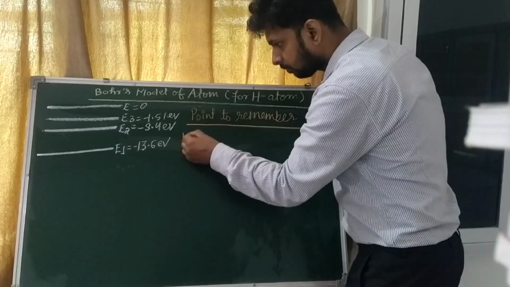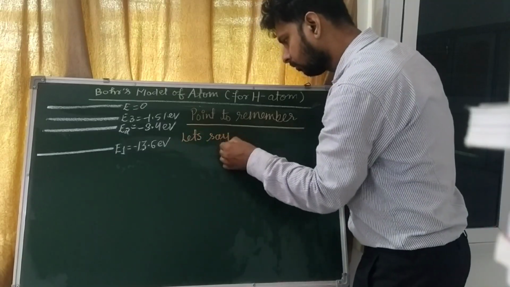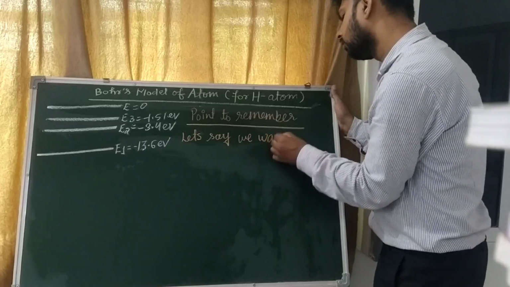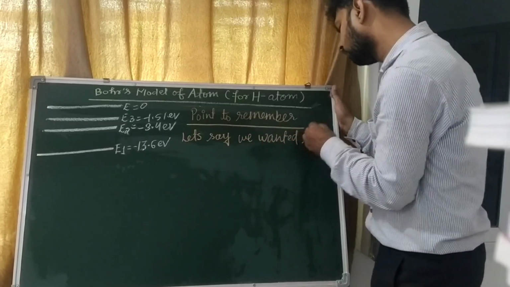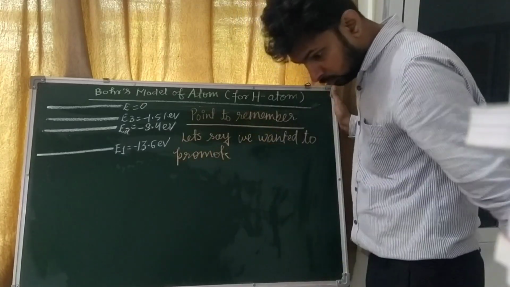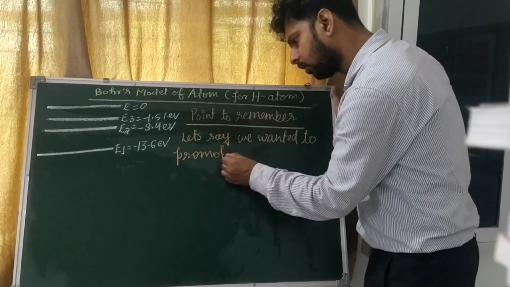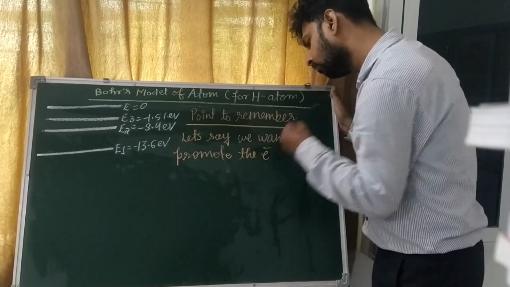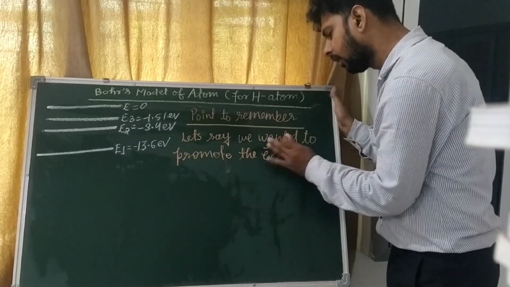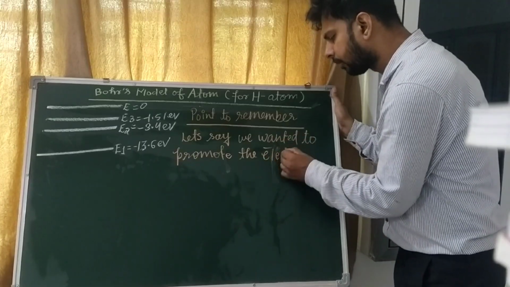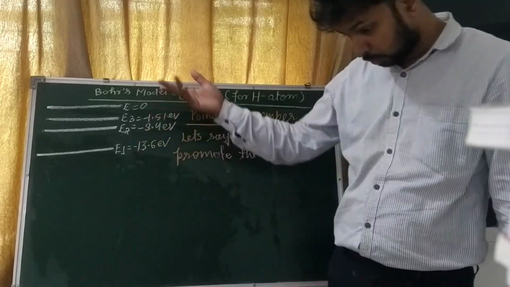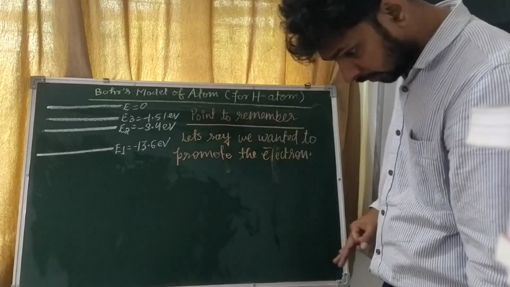So point to remember, students. Let's say we want to promote the electron. अब हम क्या करना चाह रहे हैं? प्रमोट करना चाह रहे हैं. एक सेल से, एक एनर्जी लेवल से दूसरे एनर्जी लेवल पे इसको प्रमोट करना चाहते हैं.